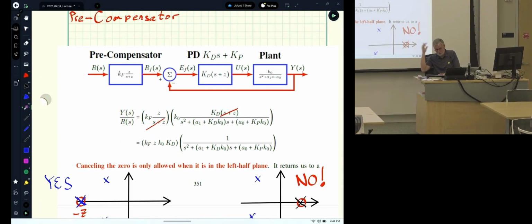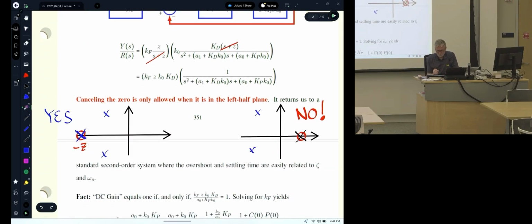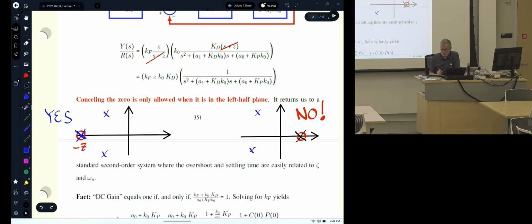Okay, so if that 0 can be canceled in a stable way, which means the 0 has to be over here in the left half plane. So this is where poles have negative real parts, whereas on this side they would have positive real parts and cause explosion.